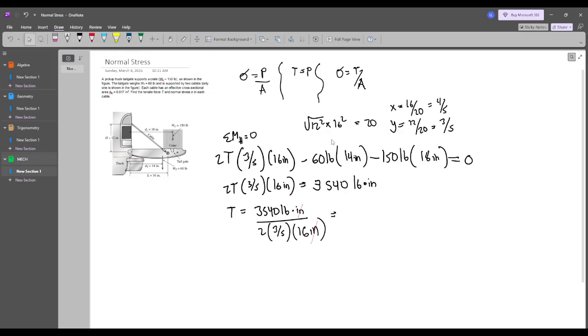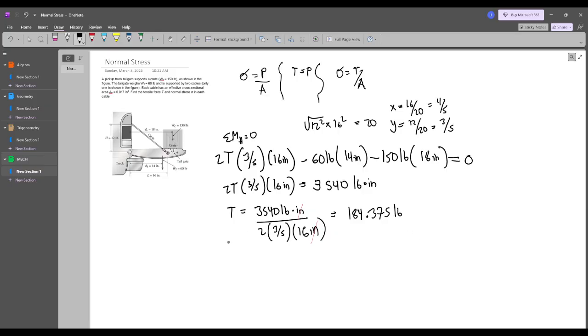That'll leave us with 184.375 pounds. That's the tensile force.